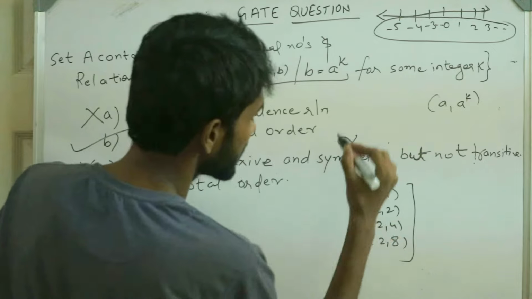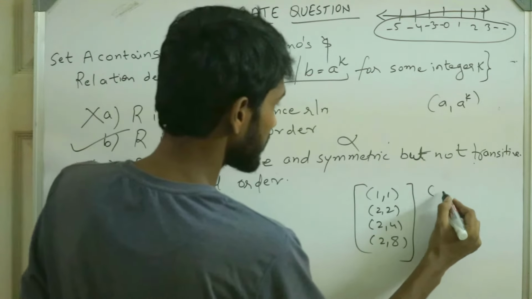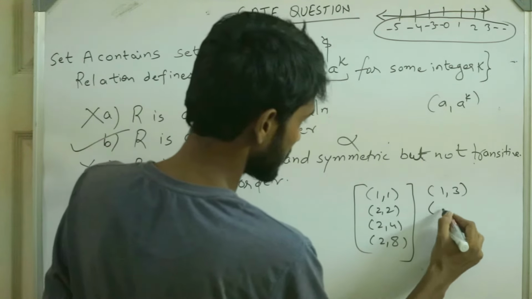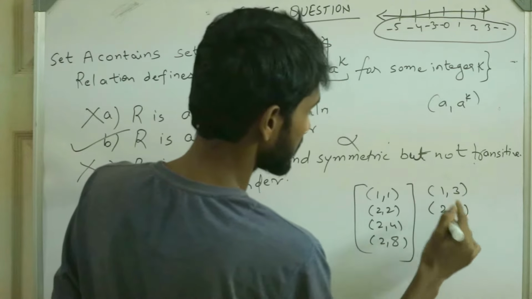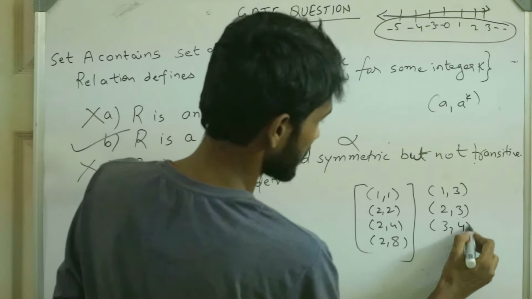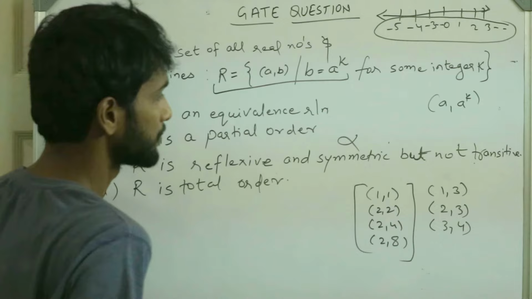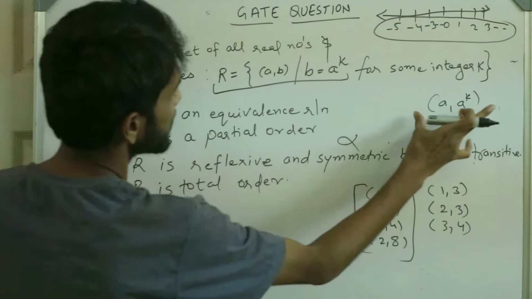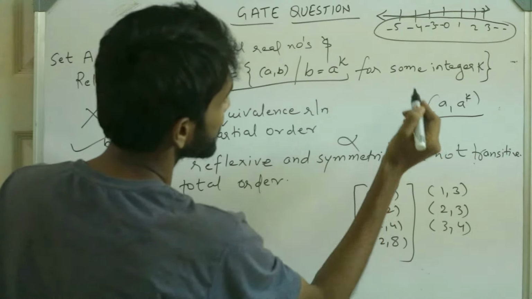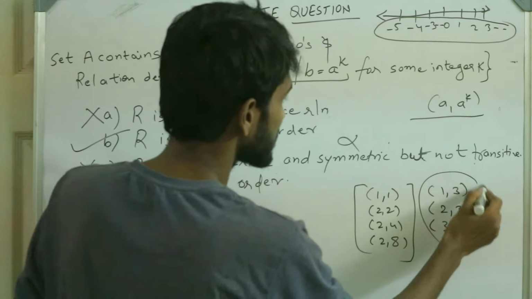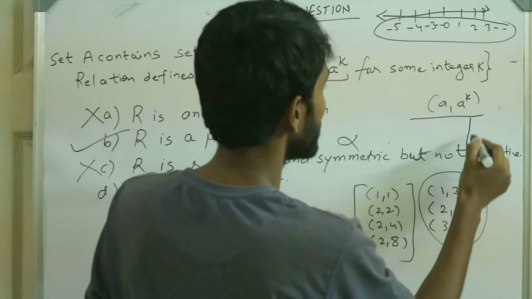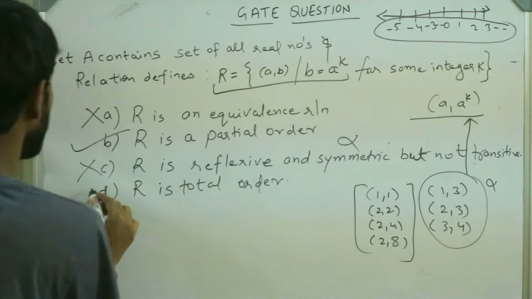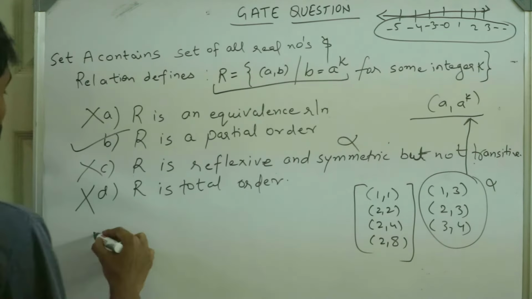Like this you can define, but you can't define this. You can't compare these because our definition of the relation is in this form. So we have to satisfy this, but these elements do not satisfy the relation definition. So it is not a total order either.